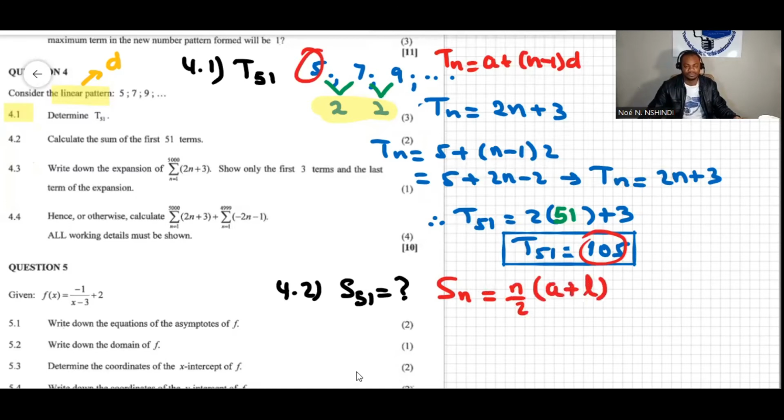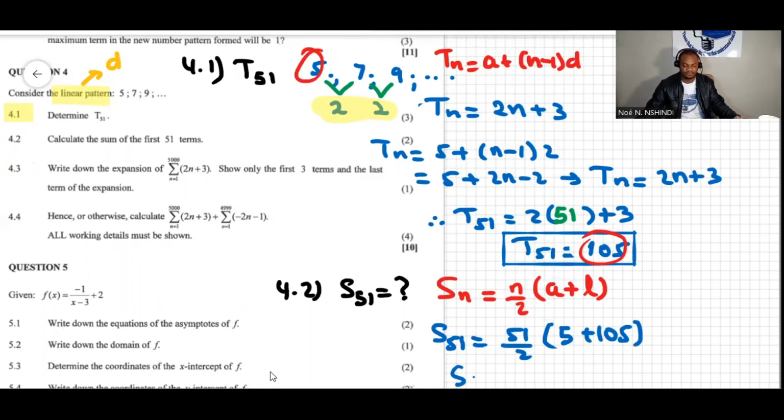This formula is useful when we know the first and the last term. So S51 will be equal to 51 over 2, open bracket, the first term is 5, and the last term is 105. And then 5 plus 105 is 110. 110 divided by 2 is 55.